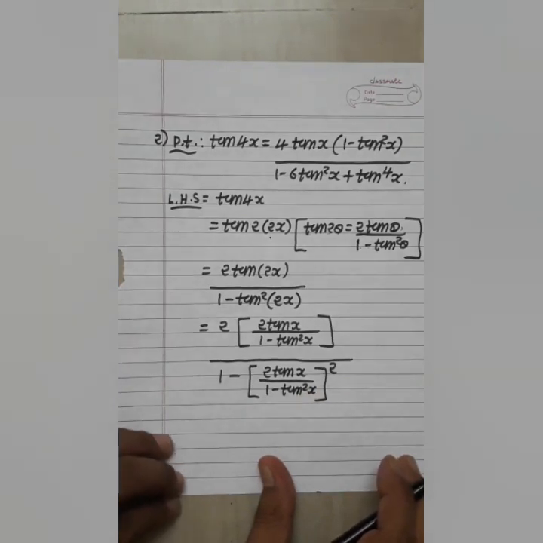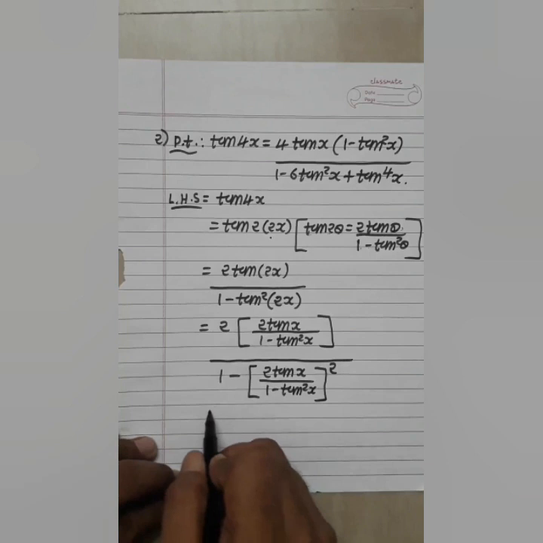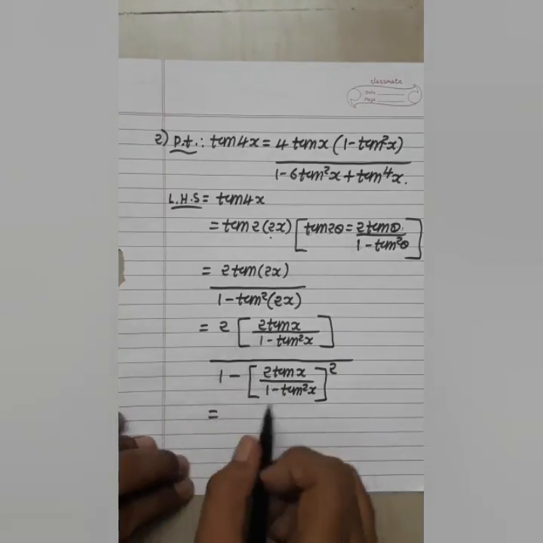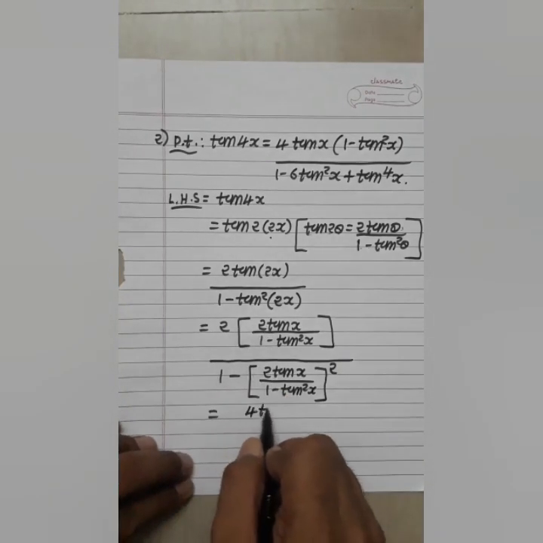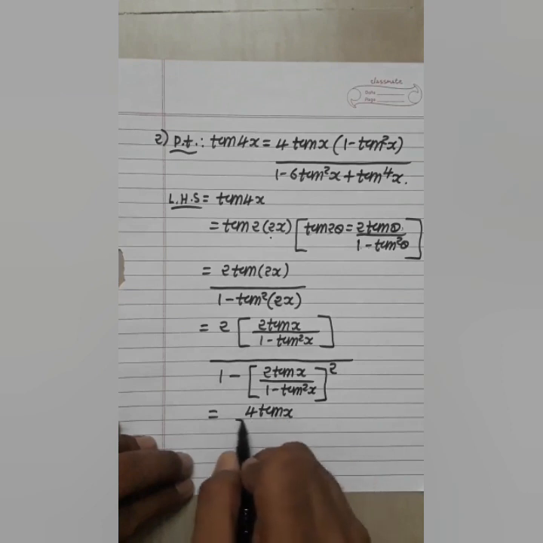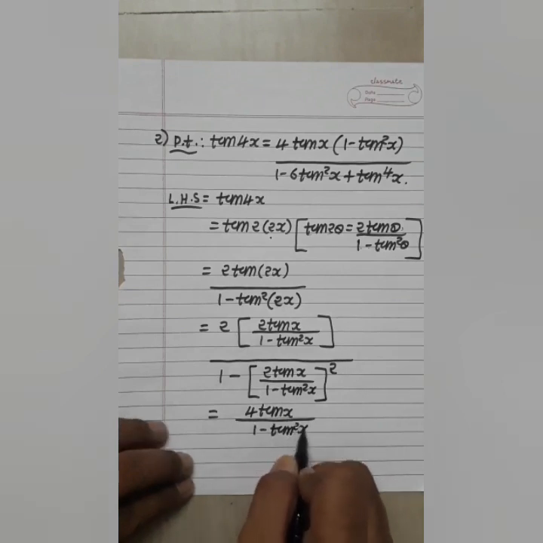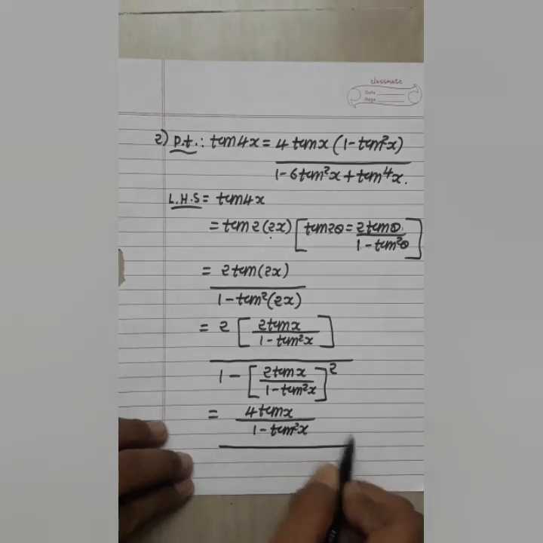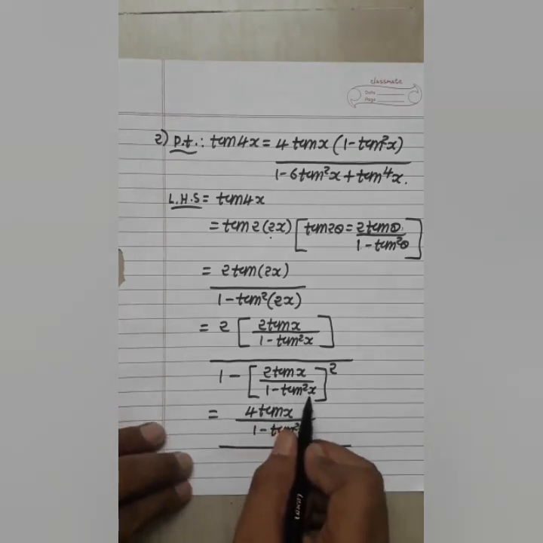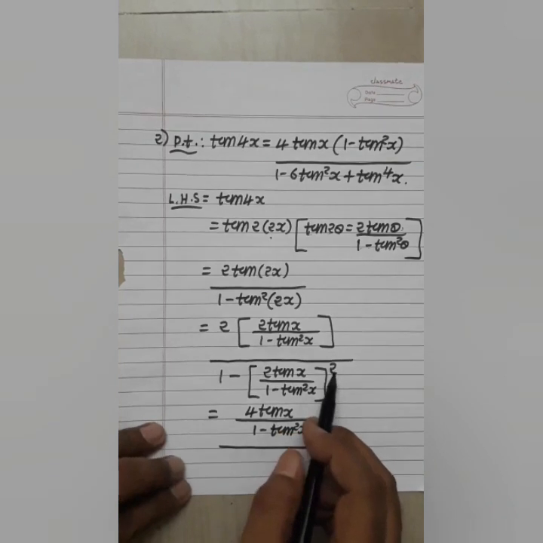Now after taking the LCM of this term, so 2 to the 4 tan x upon 1 minus tan square x, upon, in the denominator, the LCM is 1 minus tan square x whole square.